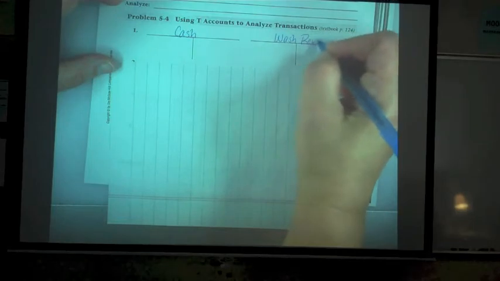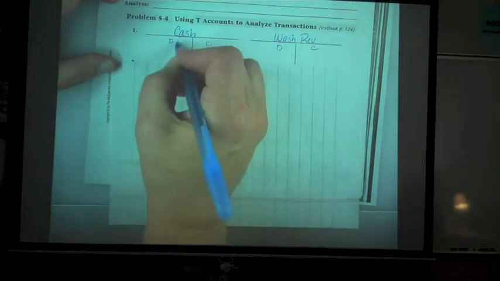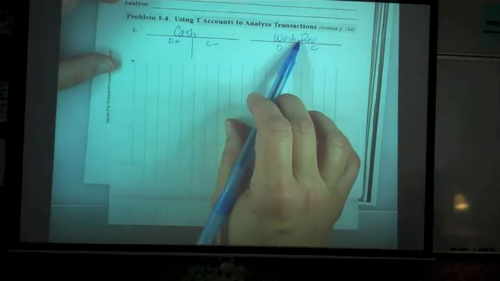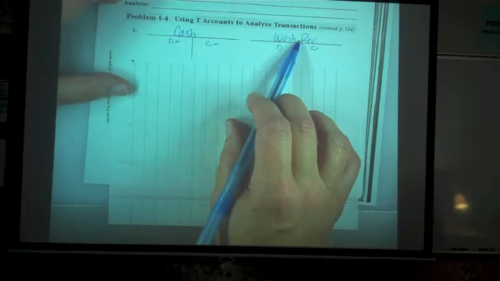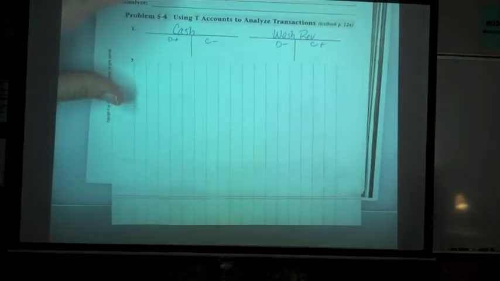Now if you don't remember which one is the increase side for each one, I would suggest, once again, putting debit, credit, and think through the process. Cash is an asset. Assets are increased on the debit side, decreased on the credit. Wash revenue affects owner's equity on the credit side, so we're going to increase the credit side and decrease the debit side.